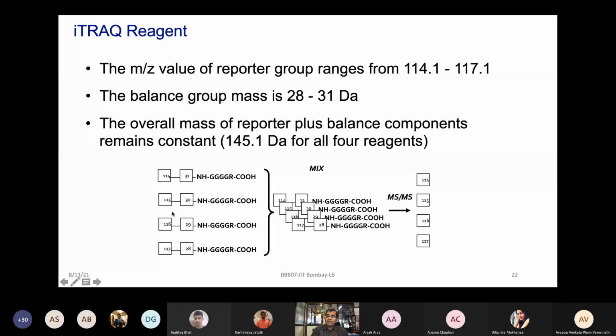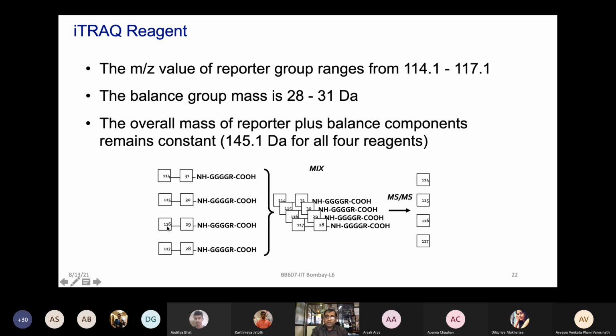So in a typical experiment, let's say you are talking about a 4-plex or 8-plex reaction, you have samples 1, 2, 3, 4 to be compared. You are adding 4 different types of iTRAQ labels. So in the peptide labeling you are doing, let's term these as 114, 115, 116, 117. Whenever we have a 114 label, a balancer group of 31 is added, so that the mass is 145.